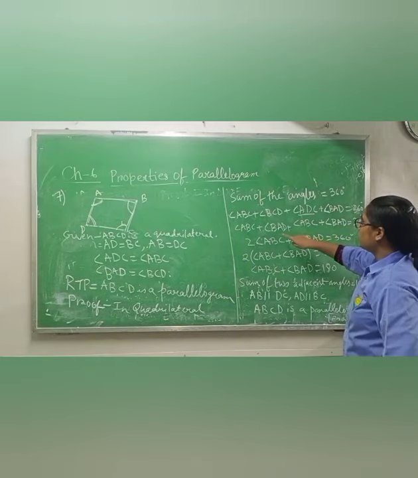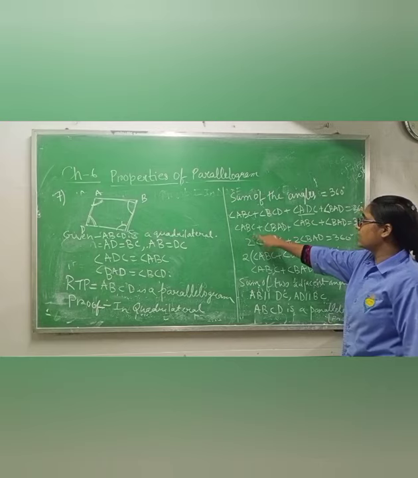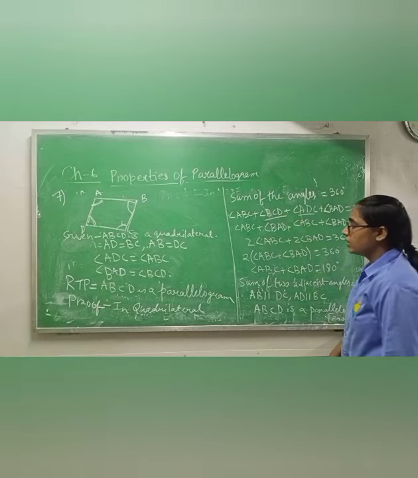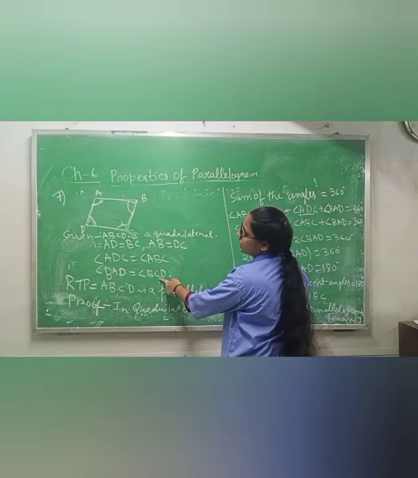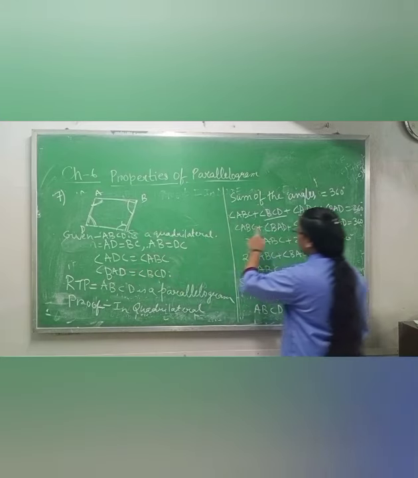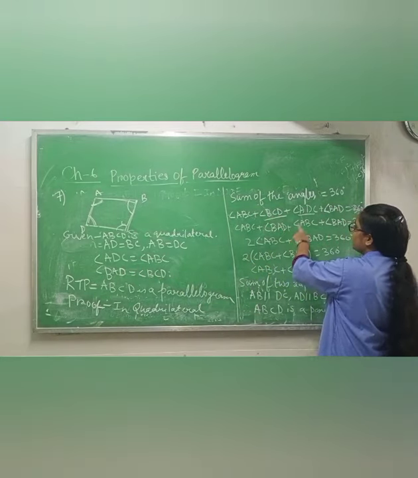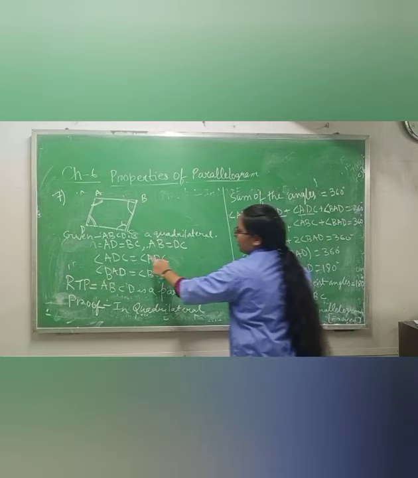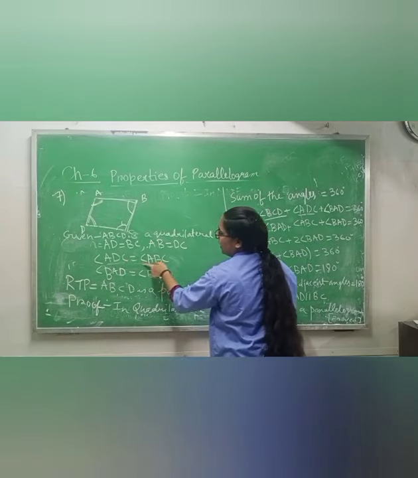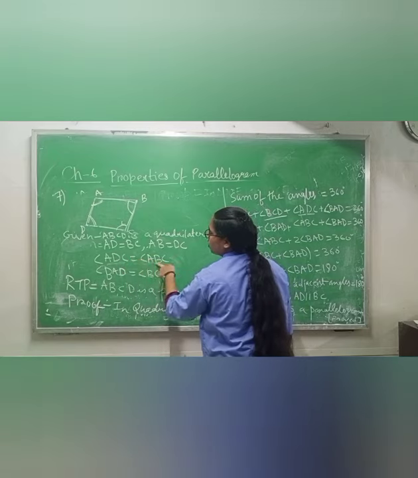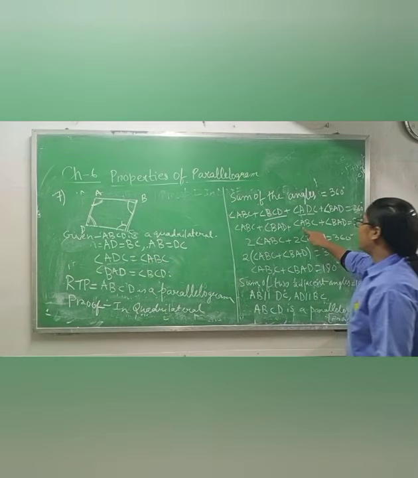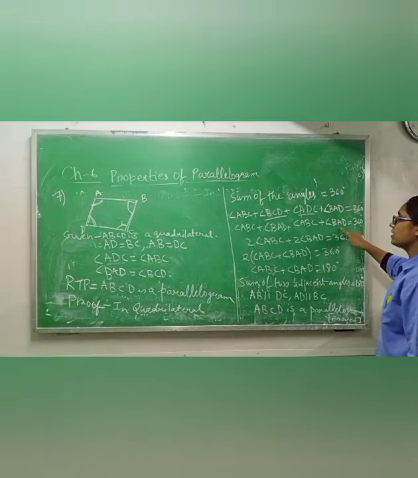Now in place of ABC I am writing it as it is. In place of angle BCD, I can write BAD, plus in place of angle ADC I am writing ABC. Why? Because both are equal. And this one I am writing as it is.